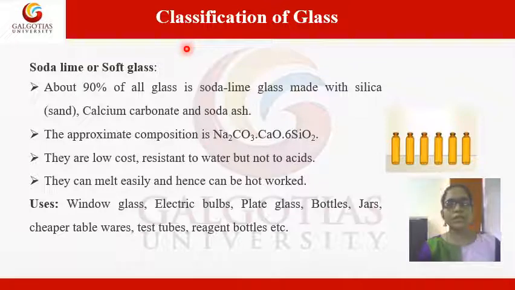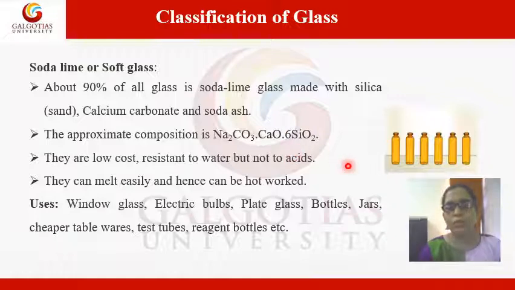Let us discuss the different types of glass according to composition. The main glass is soda lime glass, also known as soft glass. About 90% of the glass we use is soda lime glass, which is made with silica, that means sand, calcium carbonate and soda ash.